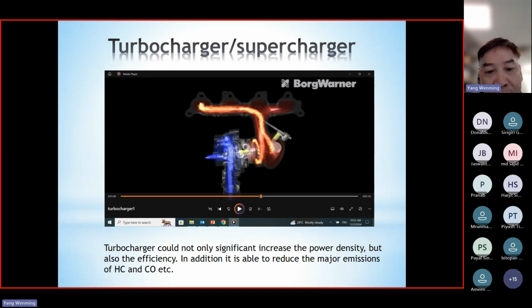So the turbocharger can significantly increase power density and also increase the efficiency. In addition, it is able to reduce the major emissions like HC and CO emissions. So why can the turbocharger reduce major emissions like CO and HC emissions? Anyone knows?